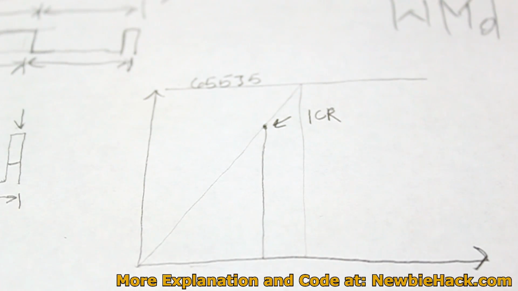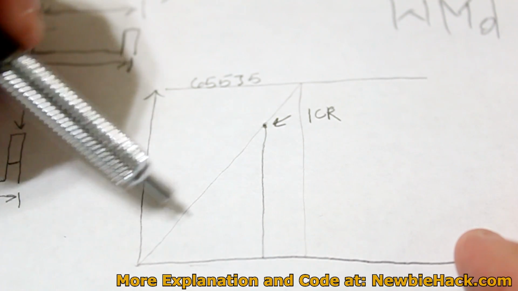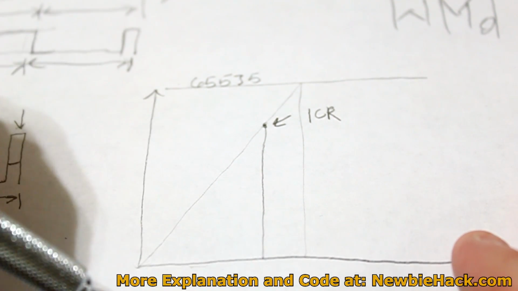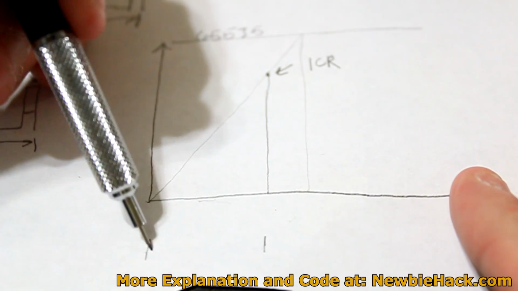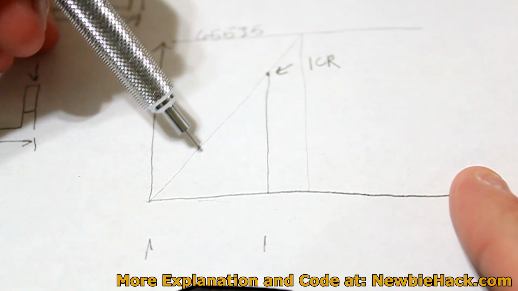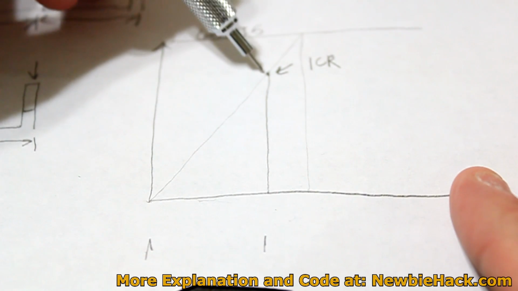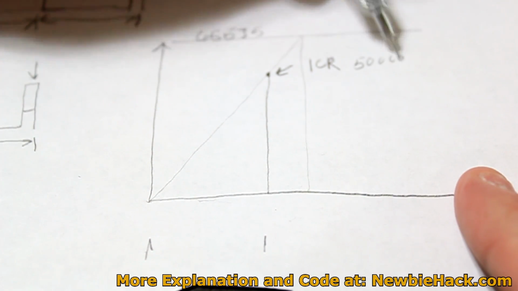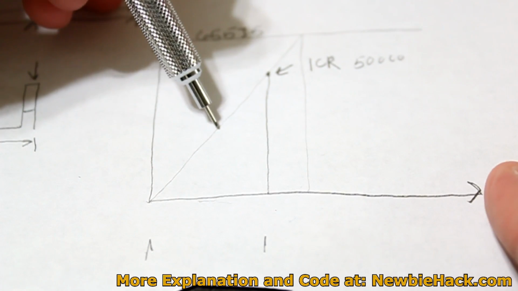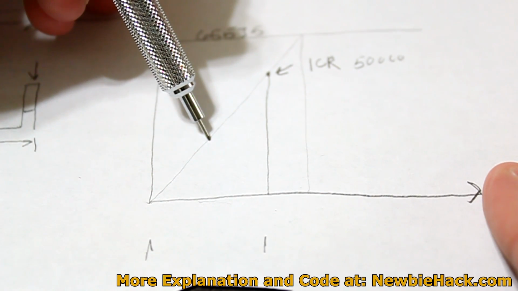And then we can set another register for when it creates a pulse. So let's say this is our period, and we set ICR to, let's say, 50,000, and then we set our OCR to 25,000.